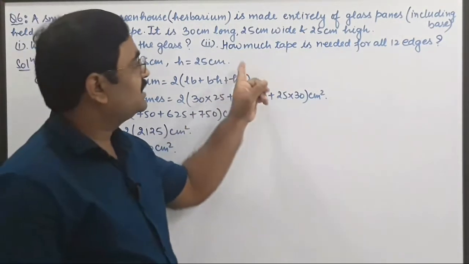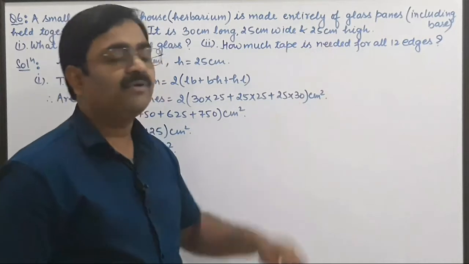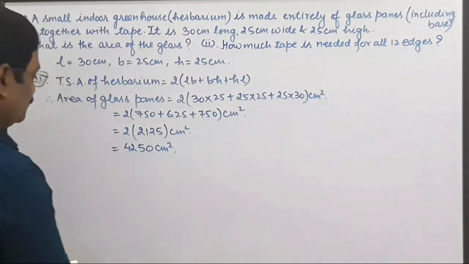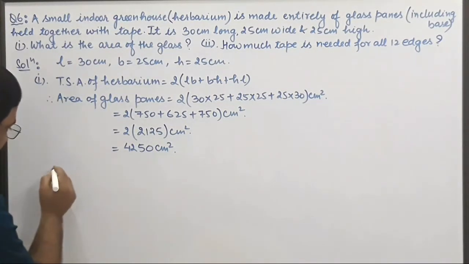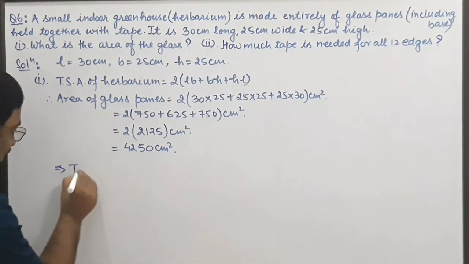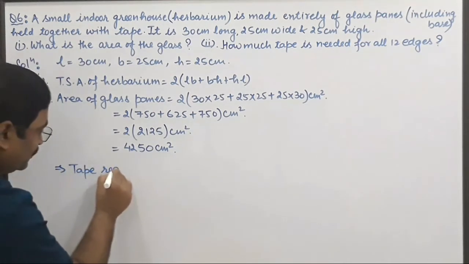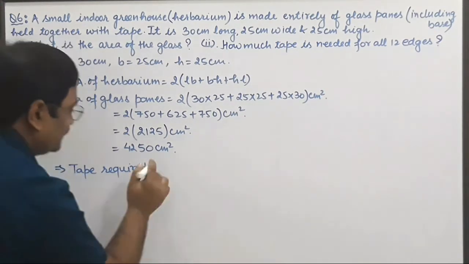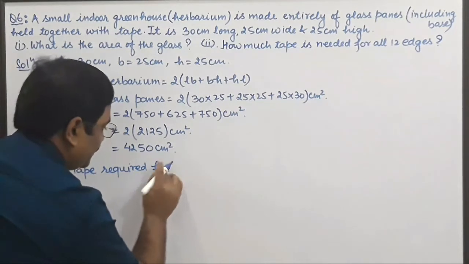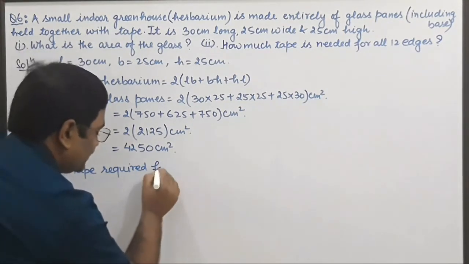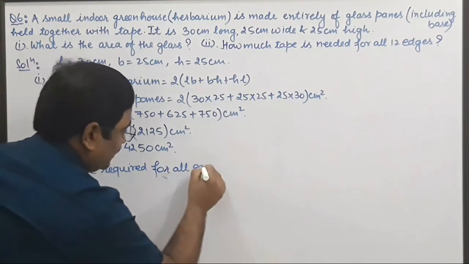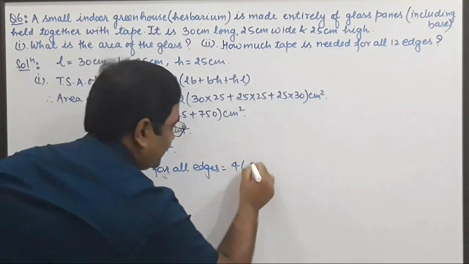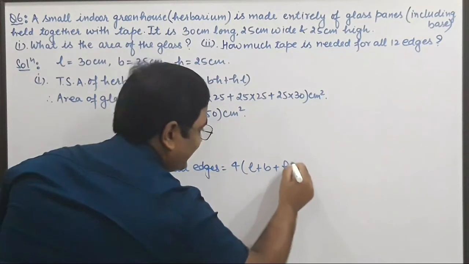Now the second question is asking how much tape is needed for all 12 edges. So the tape required for all 12 edges is equal to 4 multiplied by (L plus B plus H).